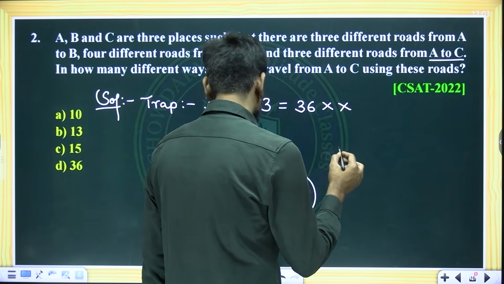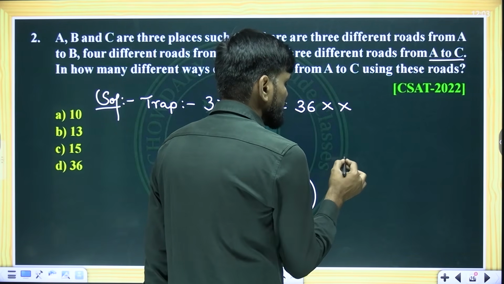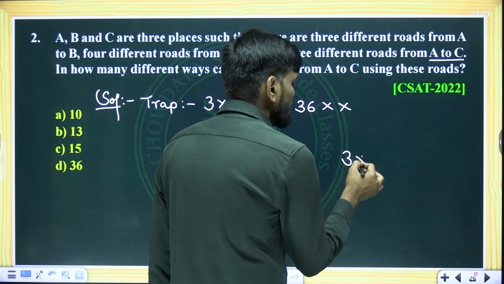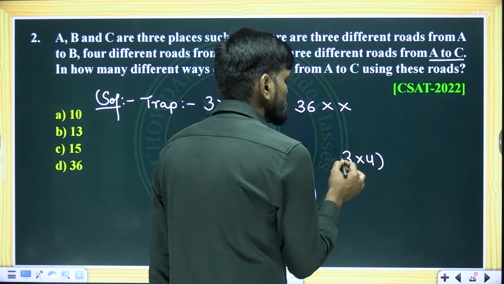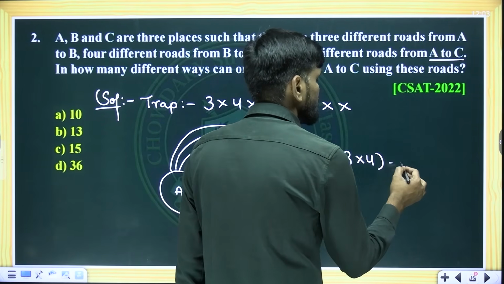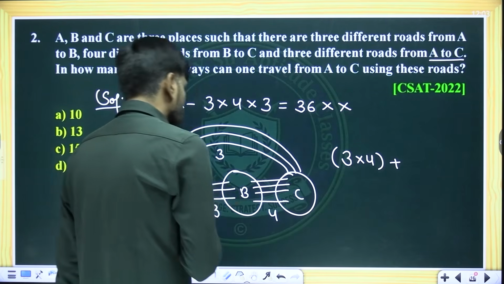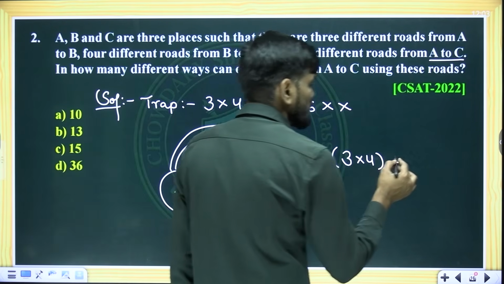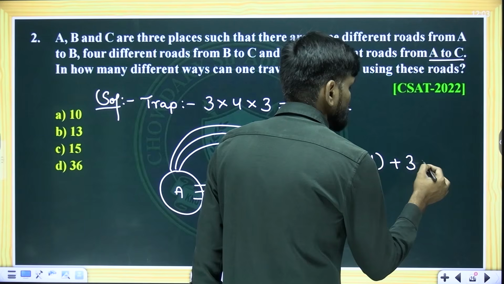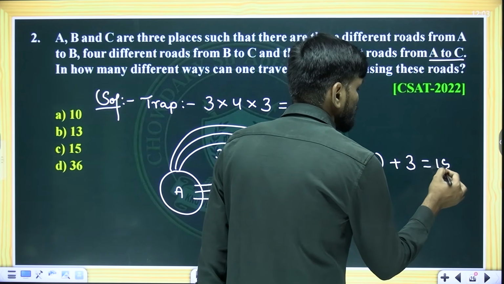In total, in how many different ways can he go? A to B, B to C, he can go in 3 into 4, 12 ways from A to C via B, plus directly from A to C we are having 3 ways, so plus 3. Hence your answer has to be how much? 15.